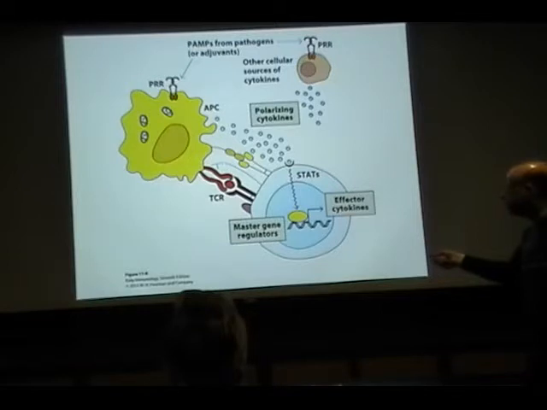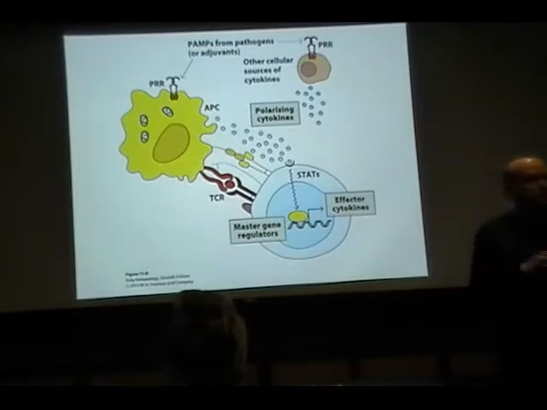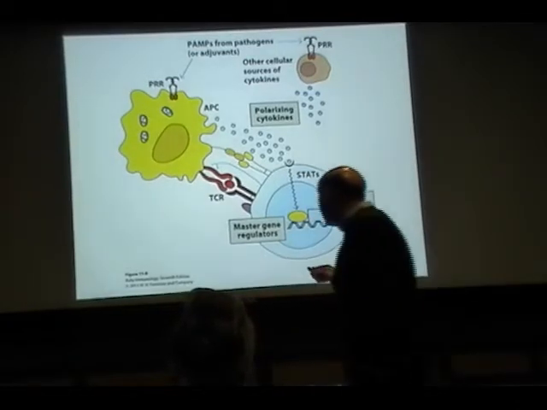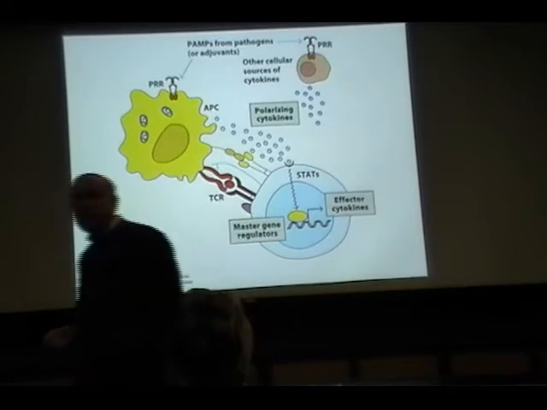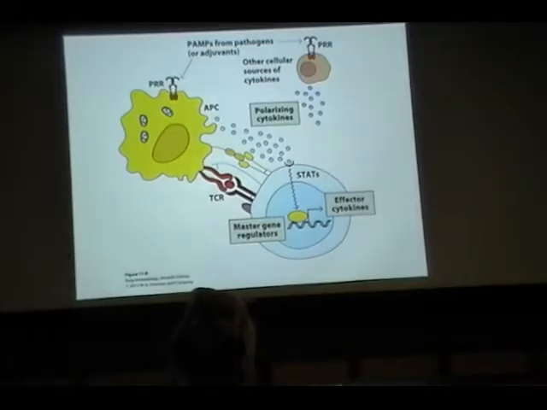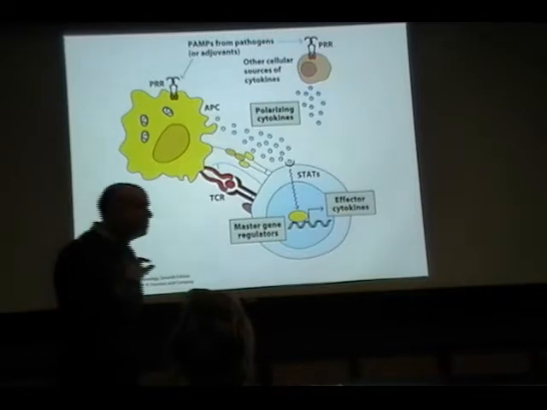The ligand for the T cell receptor is this three-molecular complex. It's the alpha chain and the beta chain of MHC class 1 and the peptide that fits in the groove. That T cell receptor can see only those three molecules and no other. That's where the specificity of the adaptive immune system comes from.